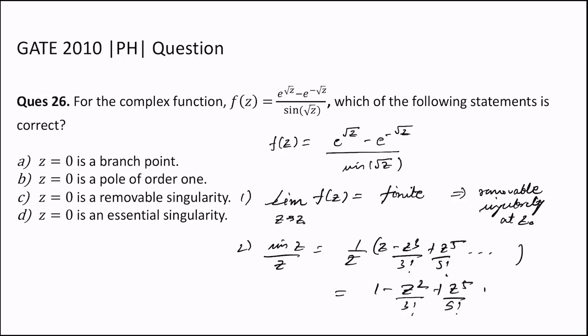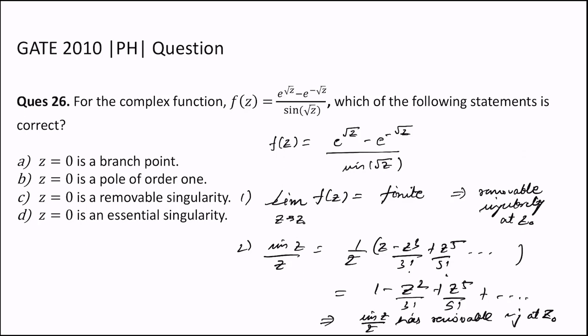So basically that means that if there is no negative power in the power expansion of z, then sine z by z has a removable singularity at z naught.